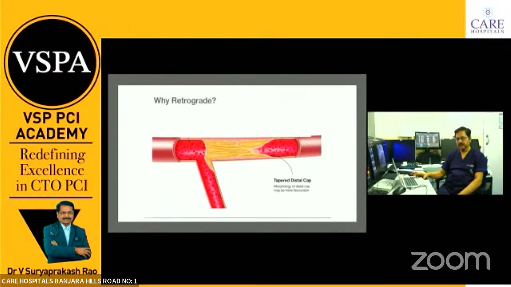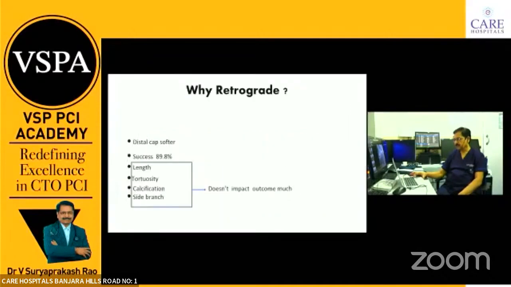Why should we try the retrograde? Because with the retrograde, the distal cap is a tapered cap, and the morphology and pathology is a soft cap. That is one reason. It need not always be softer, but mostly that's why we try the retrograde. And particularly the length, tortuosity, calcification, side branch, and distal bifurcation.